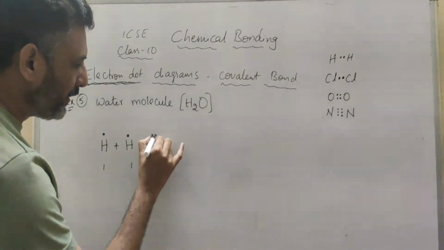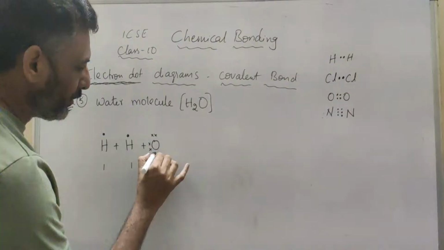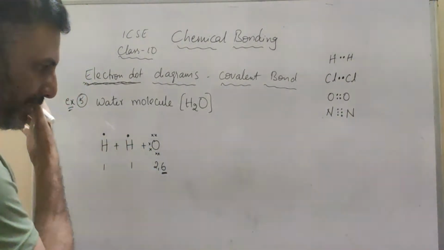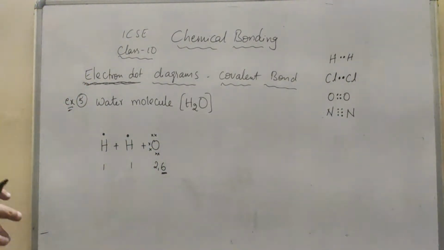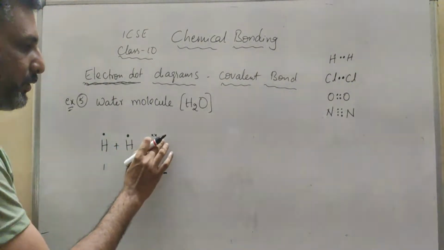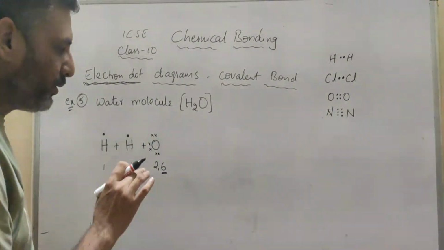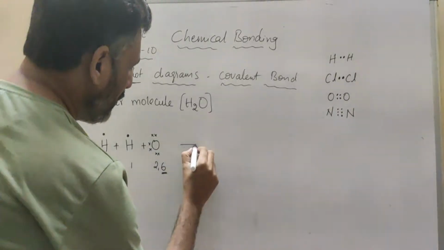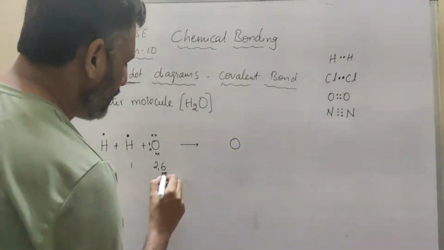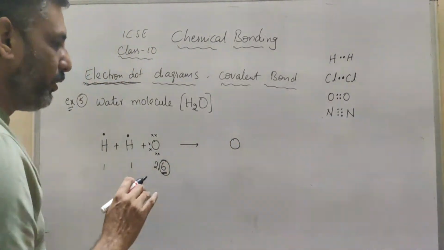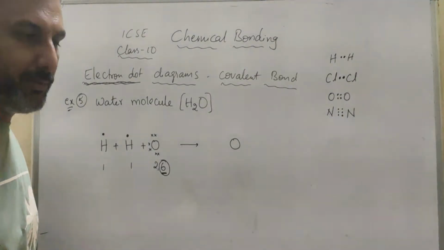So we put 6 crosses over this oxygen. It is compulsory when you have 2 different elements, one should be dot and the other should be cross to represent the electrons. Now oxygen requires 2 more electrons, so oxygen is ready to contribute 2 electrons.